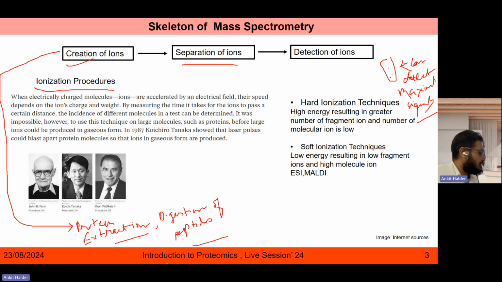When we have electrically charged molecules, ions are accelerated by an electric field. Their speed depends on the ion's charge and weight.